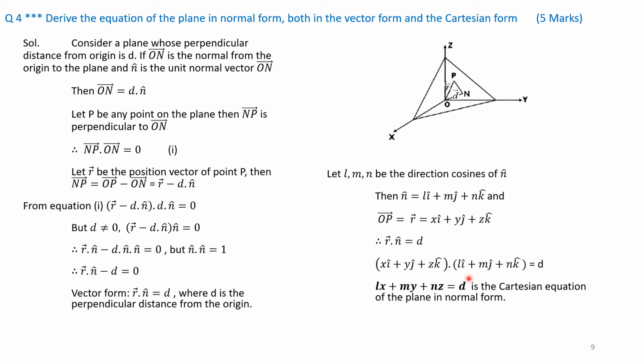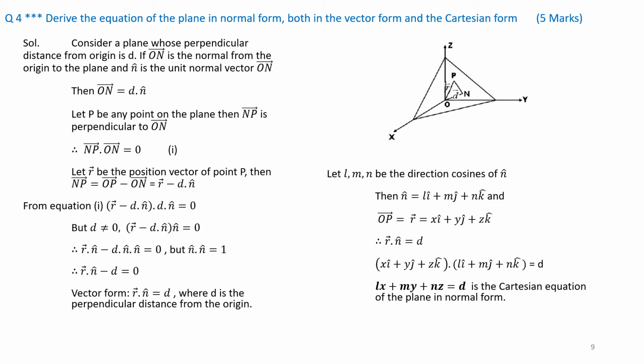Therefore, it can be written as lx plus my plus nz, that is multiplication of coefficient of i into coefficient of i. Therefore, lx plus my plus nz is equal to d is the Cartesian equation of the plane in the normal form. This is also very important. You will get 5 marks if you solve this.